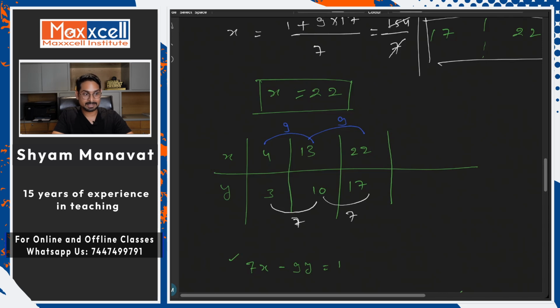Go in the increasing order. Pay attention, it's increasing here, but it may also decrease depending on the equation. It's not necessary that it will always be in increasing order.